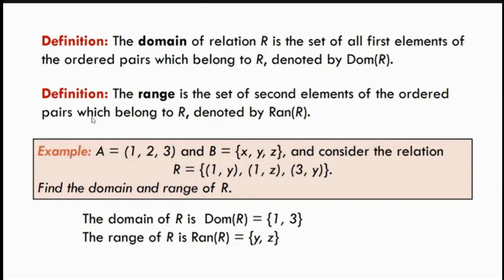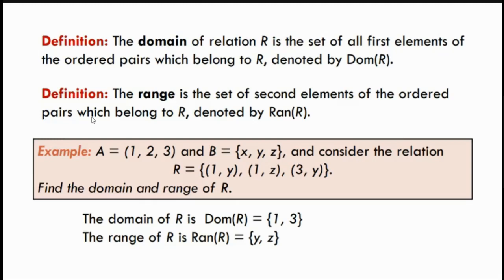The domain of a relation R is the set of all first elements of the ordered pairs which belong to R, denoted by dom of R. And the range is the set of second elements of the ordered pairs which belong to R, denoted by ran of R.